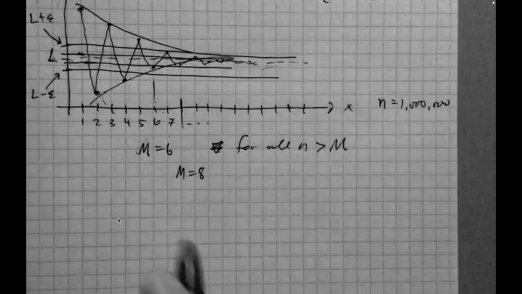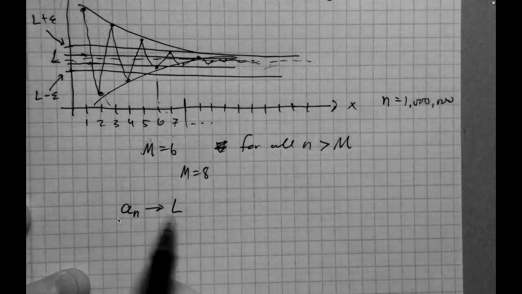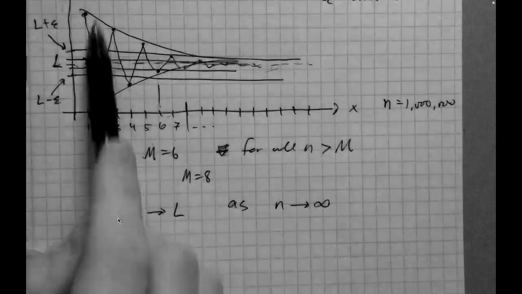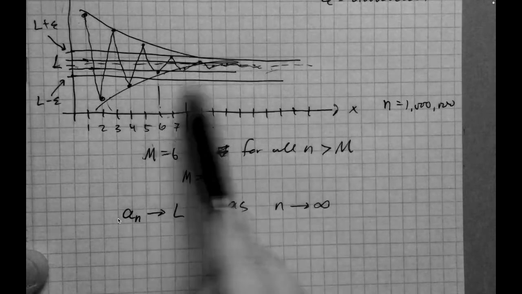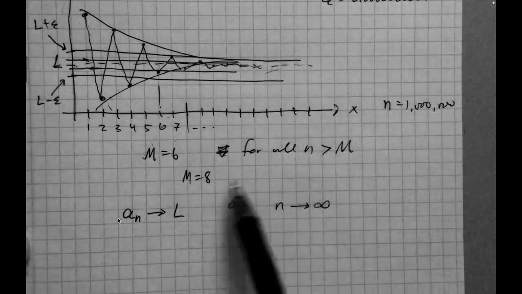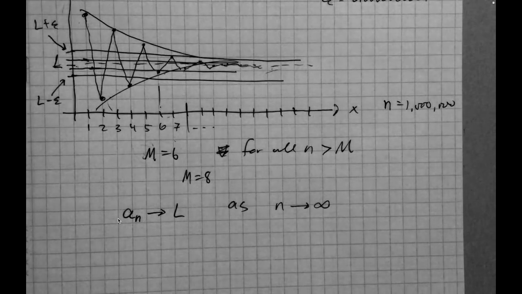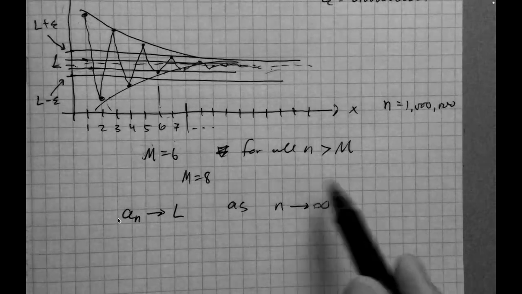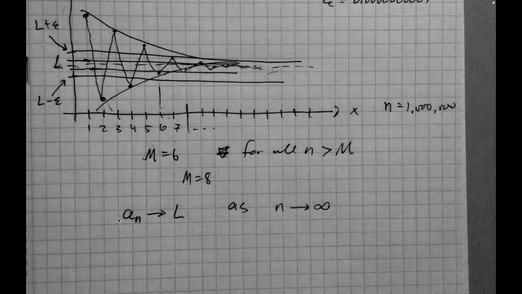Right? And so that's why we say that the sequence goes to the limit L as n goes to infinity. Out here at the beginning, the terms are not even close to L, but as we go further into the sequence, we see that in fact the terms tend to get closer and closer to L. So the nth term is a certain distance from L, the n plus 1 term is closer, the n plus 2 term is even closer, the n plus 3 term is even closer, until there's practically speaking no difference between the two.